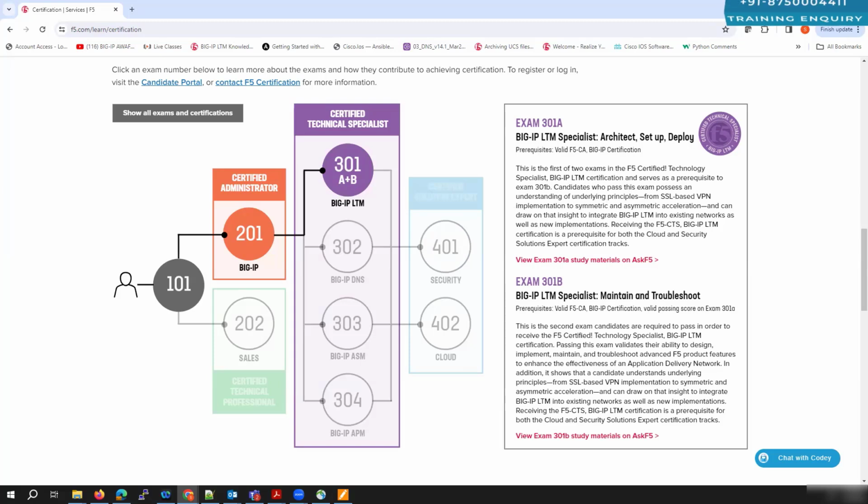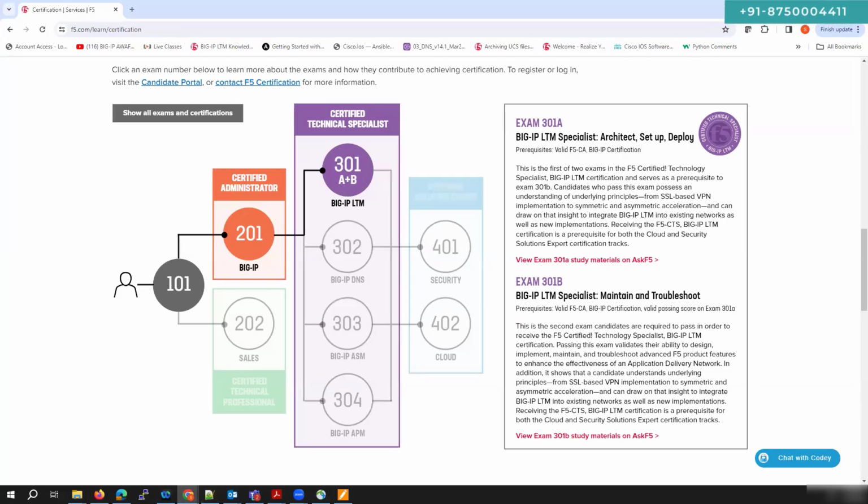I have a question regarding the certification exams. To be specific about the 201 and 301 A and B exams, do we get simulations in these exams, or is it just selecting the answer?